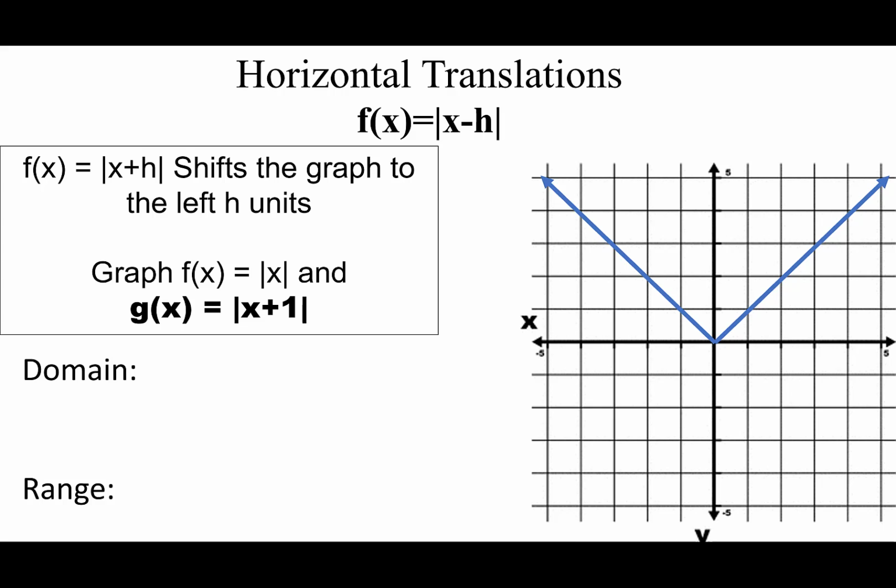So if I'm adding h, it's going to shift to the left. In this case, on my g of x, I'm going to shift everything to the left 1, which means all my points that are on the graph are shifting 1 to the left. As you can see, I'm shifting those points that way.